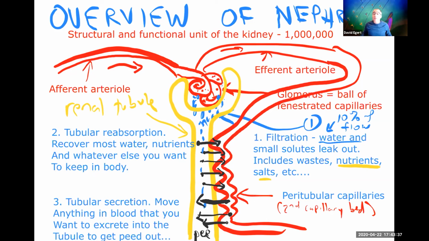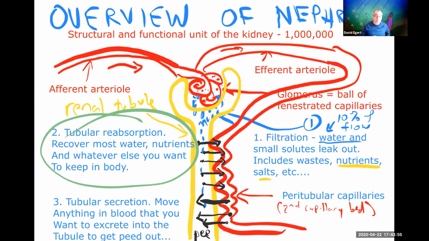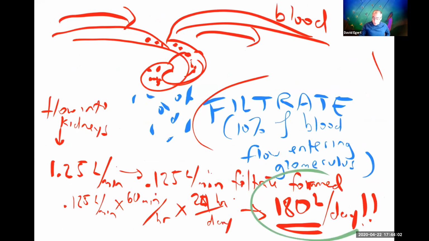Another kind of drug people often get for blood pressure are diuretics. For instance, the loop diuretics, the classics like Lasix, they all work right here. They work by messing with the ability of the nephron to reabsorb the water. So a larger percentage of this crazy amount of filtrate actually does leave your body and you pee out more, and that's going to help keep your blood pressure down.